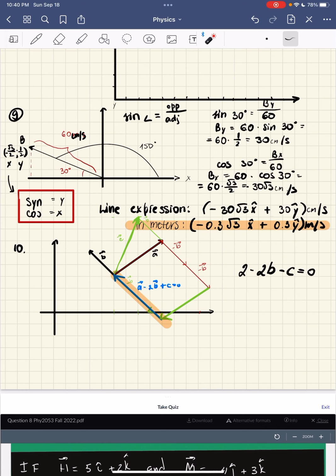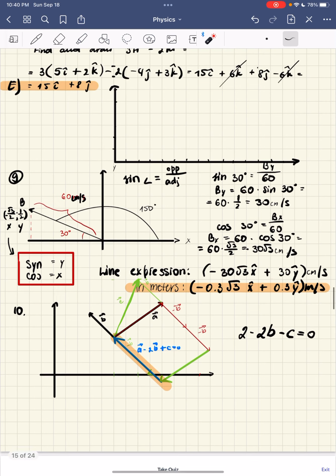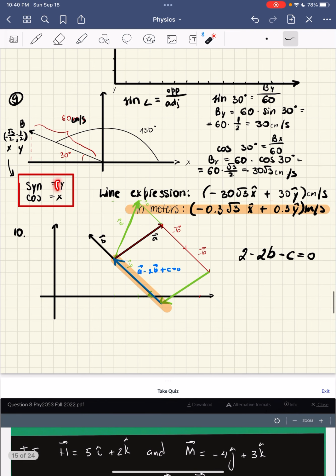So when we plug in, the hypotenuse is 60, we don't know y, we can solve it. So to find y, we should multiply 60 by sine of 30 degrees. And as I already said, sine of 30 degrees equals 1/2. So it's going to be 60 times 1/2 equals 30 meters per second.